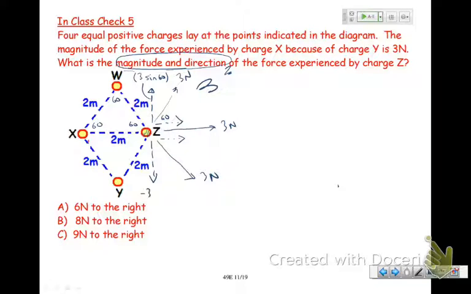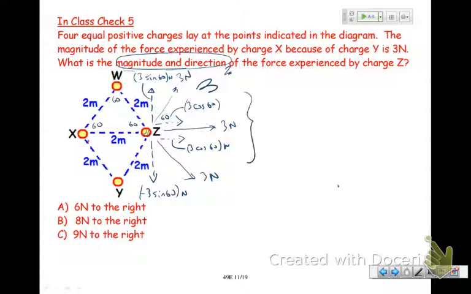This is minus 3 sine 60. So those guys cancel out. Yeah? And then this guy here would be 3 cosine 60. And that guy would be 3 cosine 60. Which is 1.5.